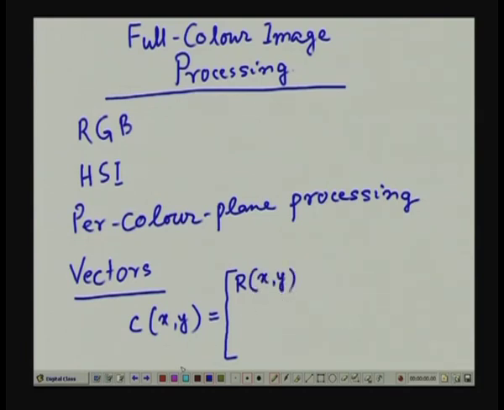One is the red component at location x y, given by r x y, the other is the green component given by g x y, and the other is the blue component given by b x y. So, every color is represented by a vector, and the processing is done by considering these vectors. That means all the color components are considered together for processing purposes.